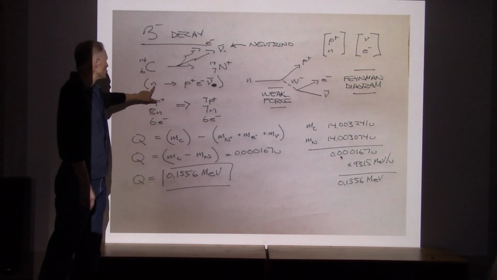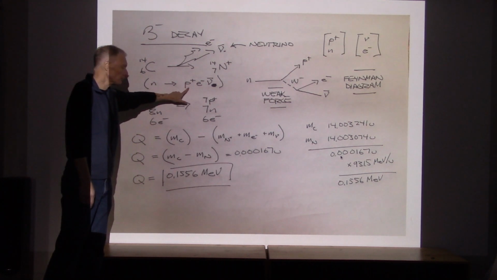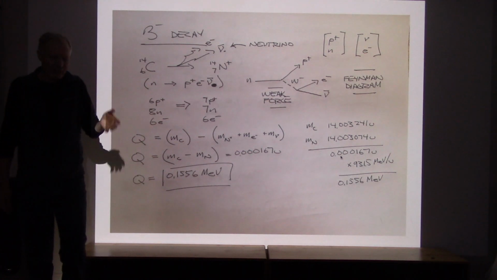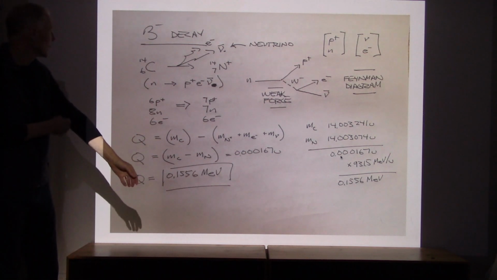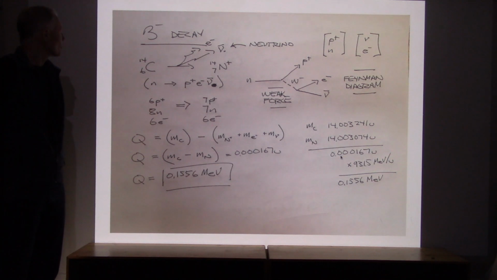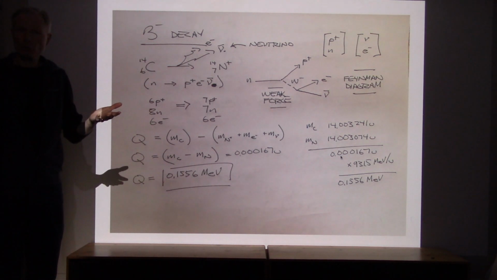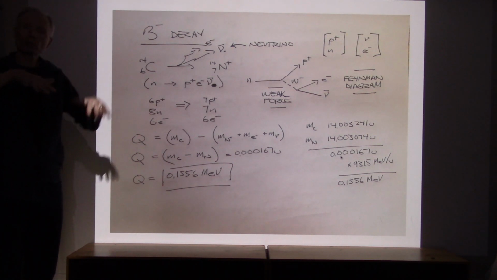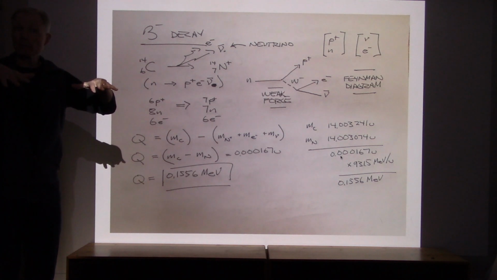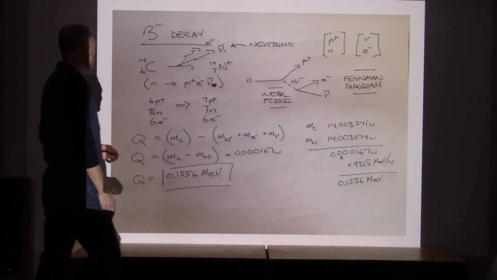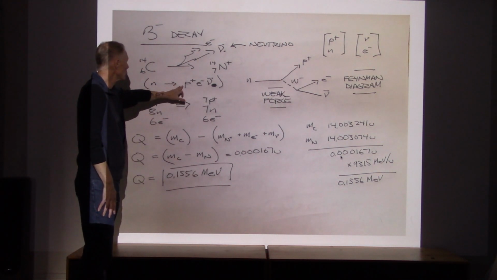What's happening is a neutron has turned into a proton. Now, we've kind of hinted at that a few times already, and now we're seeing an example of where a neutron, it's kind of like there's too many neutrons around. Let's turn one of the neutrons into a proton to get a better balance between protons and neutrons. So a neutron turns into a proton.